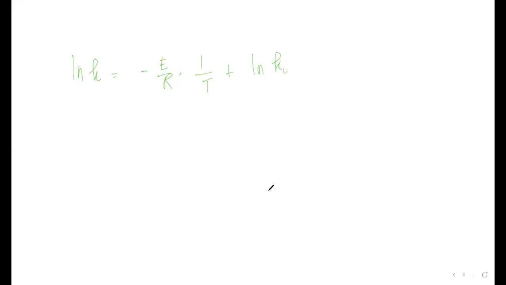Now, your data, I'll place it here, is rate against temperature, right? Then how would you treat this data? This is rate and this is temperature. What would you do?